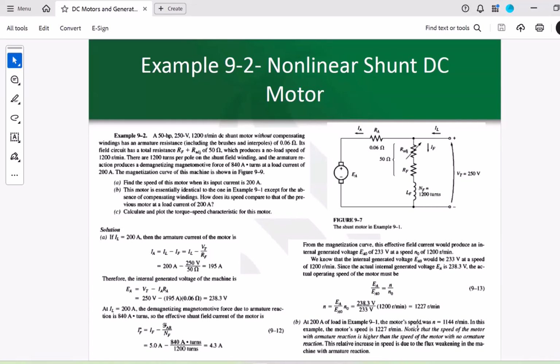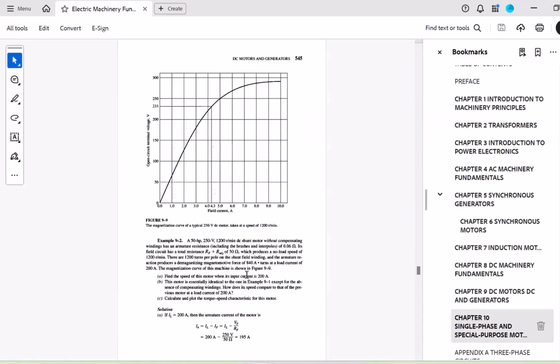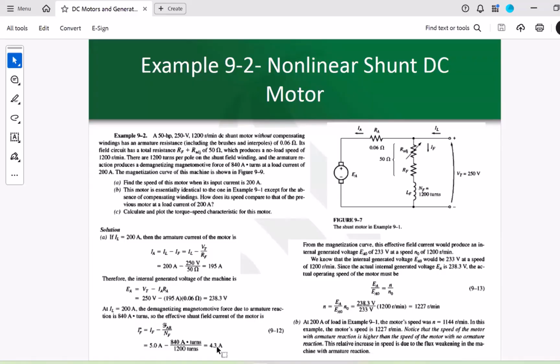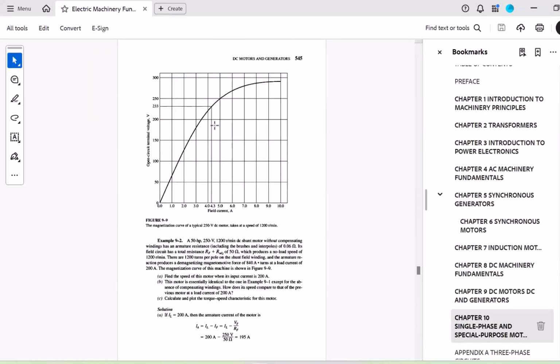Now, let's look at the magnetization curve. Looking at here, at that point, 4.3, this would result in how much voltage? 233 volts. Okay, so if you look at this 4.3 amps, go all the way up, it produces 233.